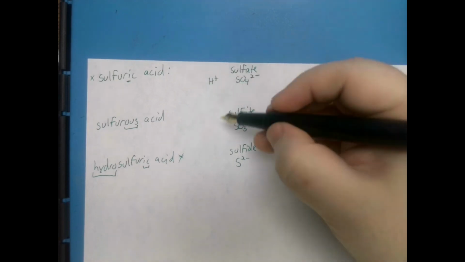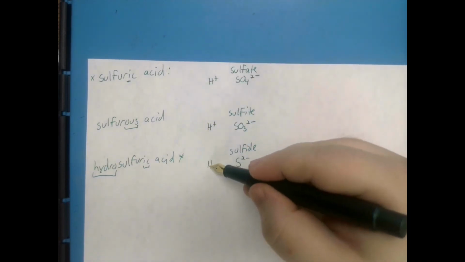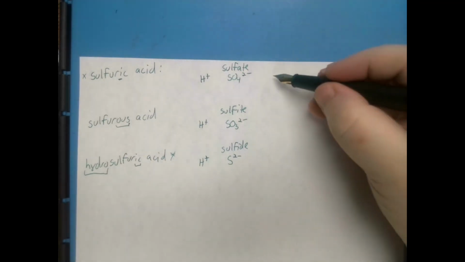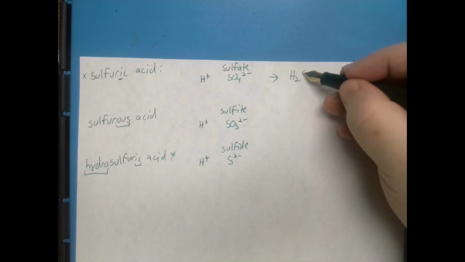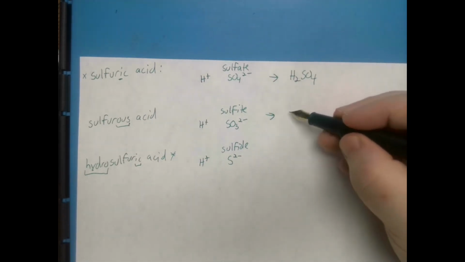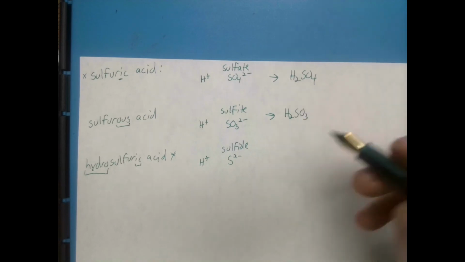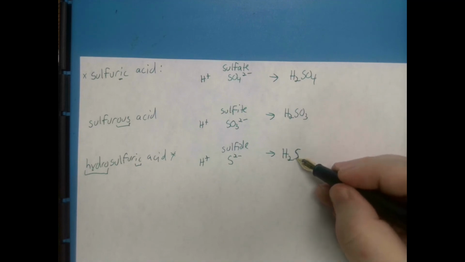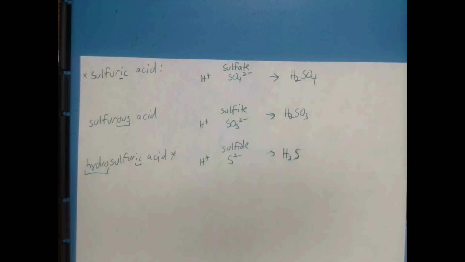Hydrogen, it's going to be a plus, hydrogen plus, hydrogen plus. So this becomes H2SO4, while this becomes H2SO3, and this becomes H2S. And this is that formula earlier that I was doing, H2S. Which, weird, it has 2 different Wikipedia pages.